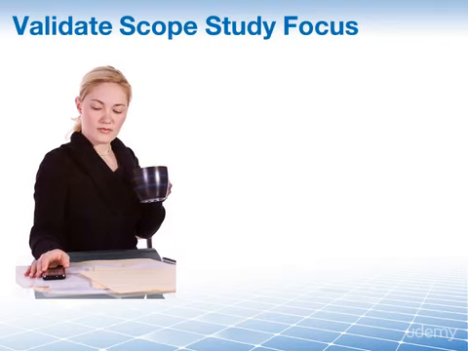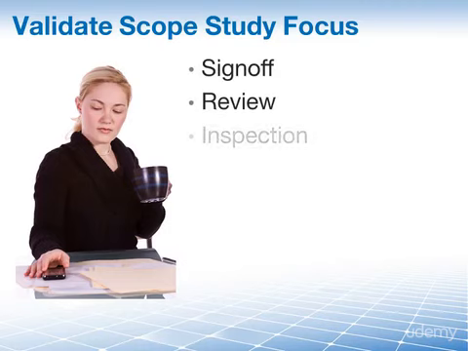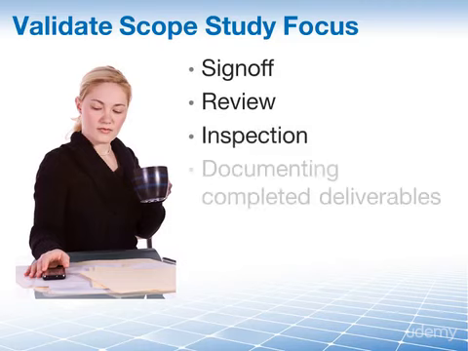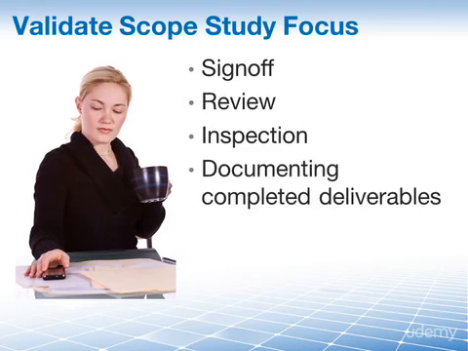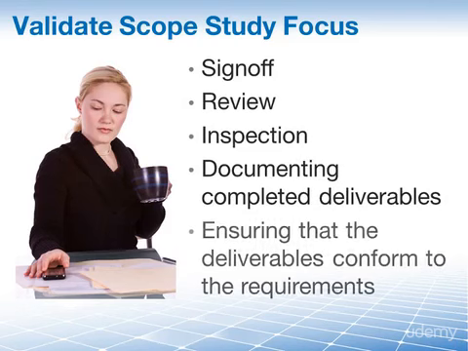For example, validate scope involves any of the following: sign-off, review, inspection, documenting completed deliverables, and also ensuring that the deliverables conform to the requirements which were originally defined quite early on during your project.